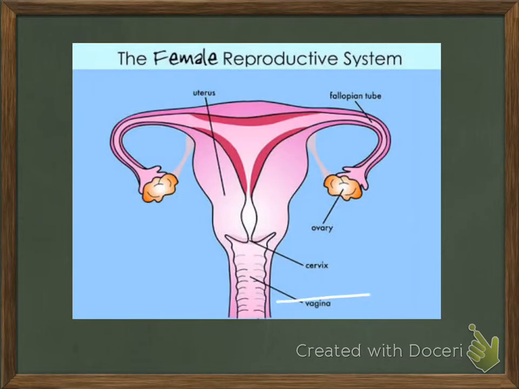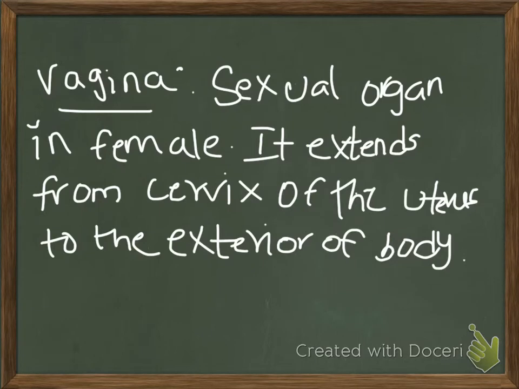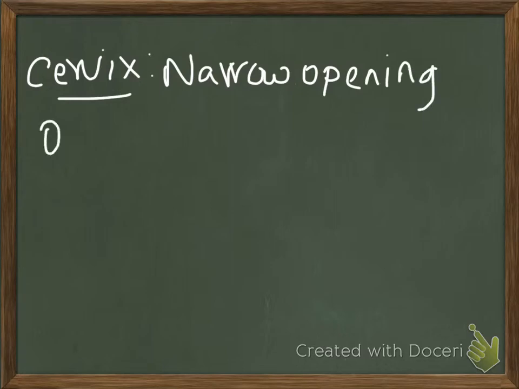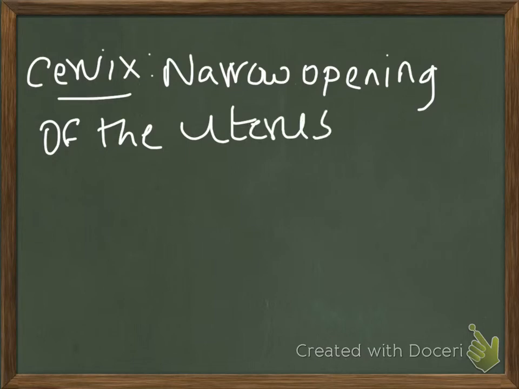Now let's go to the second one, which is the cervix. The cervix is a narrow opening of the uterus, as I show you in the pic.